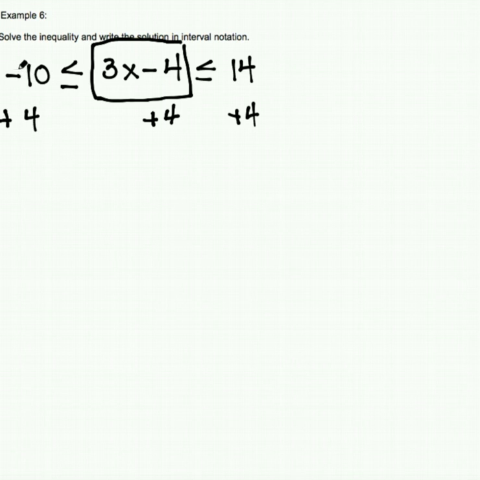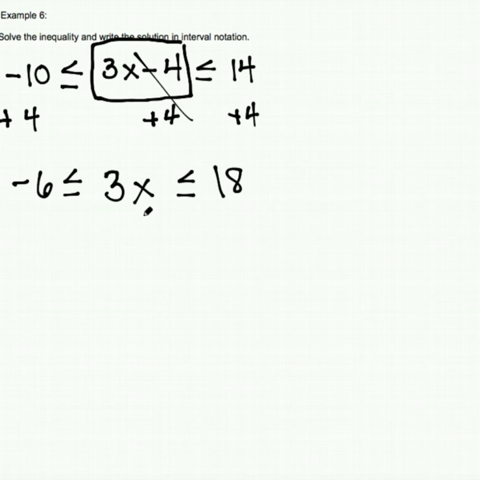Let's rewrite what we have. Negative 10 plus 4 gives me negative 6, is less than or equal to, the negative 4 and positive 4 cancel out, so I have 3x, is less than or equal to 14 plus 4, which is 18. Again, I'm trying to isolate the x.